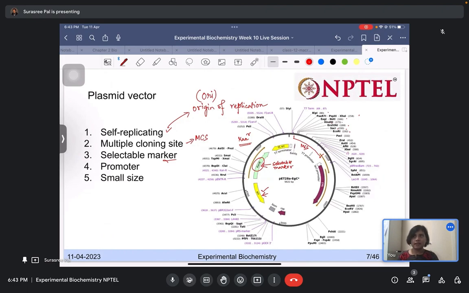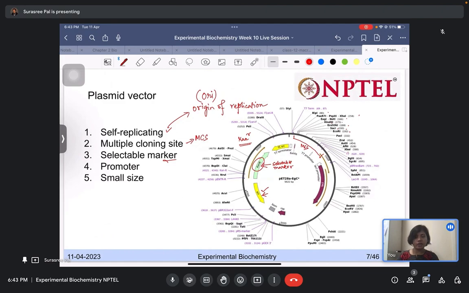They are extrachromosomal, so the function of the bacteria will not entirely depend on this plasmid vector. So the plasmid vector can be lost in between, over several generations of the bacteria.